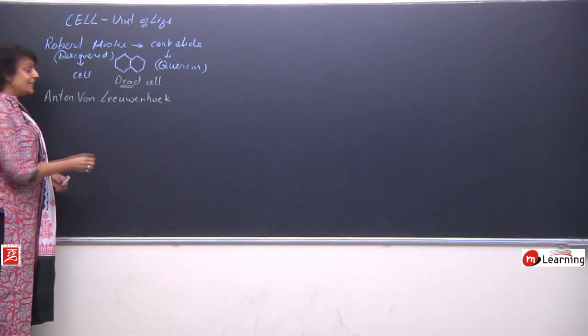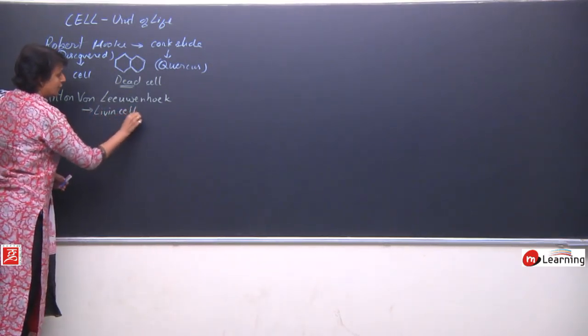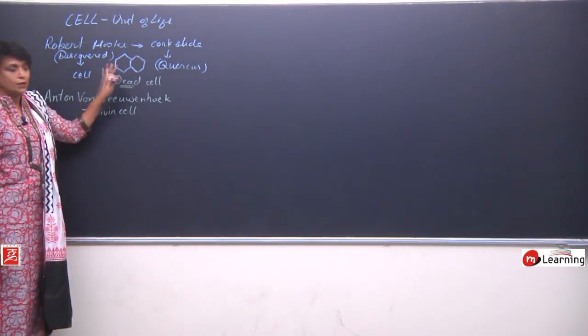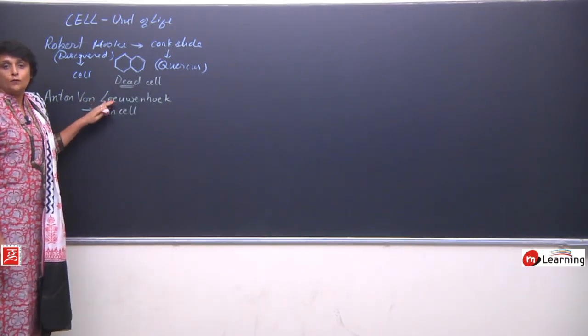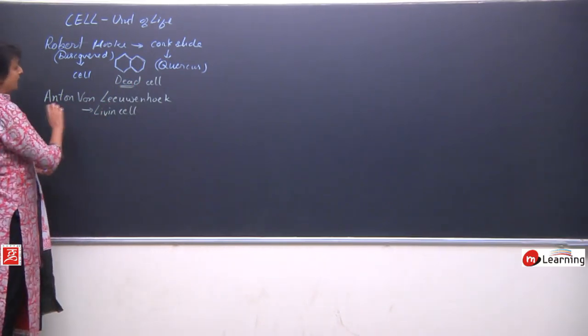He observed living cell. So discovery of cell, the credit goes to Robert Hooke because he was the first one who saw the cell, though it was a dead cell. And the credit of observing the living cell for the first time goes to Leeuwenhoek.